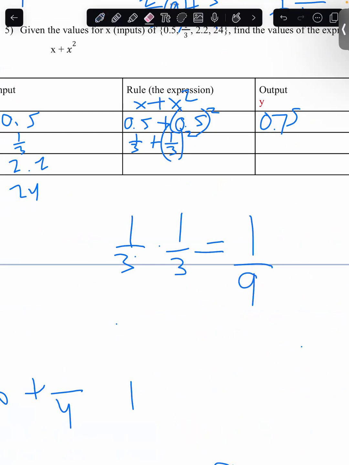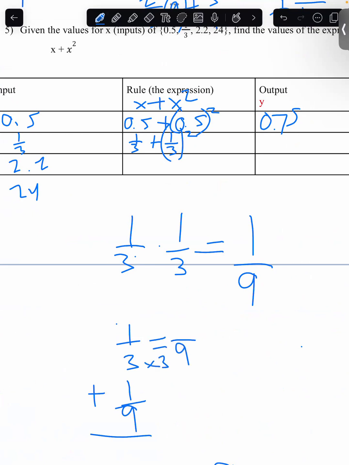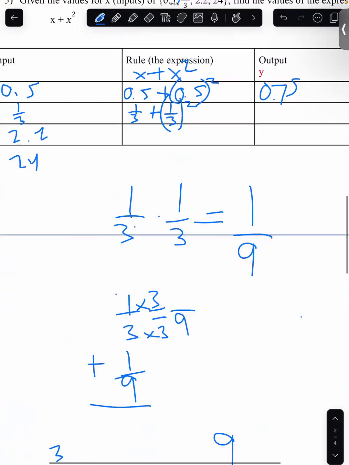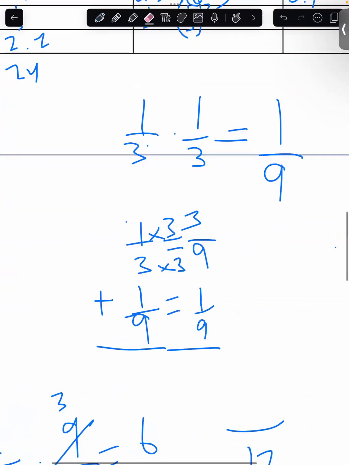I'll put it down here just to not be confusing. So 1/3 plus 1/9. We need to put them over common denominator. That is 9. Times 3 on the bottom and the top. And then this one just stays 1/9. So 3/9 plus 1/9 is 4/9.